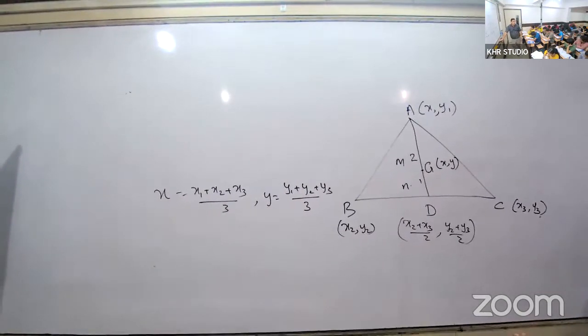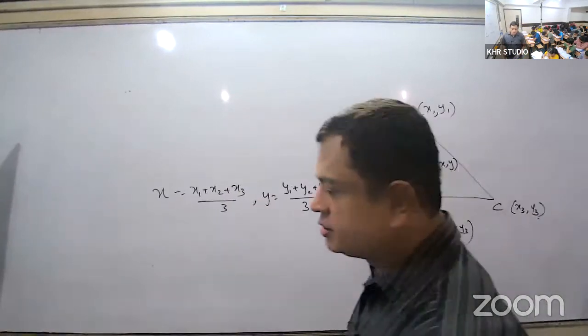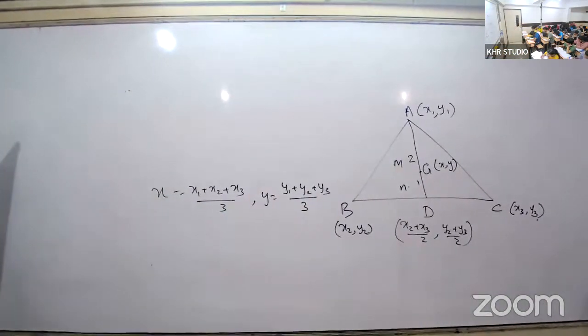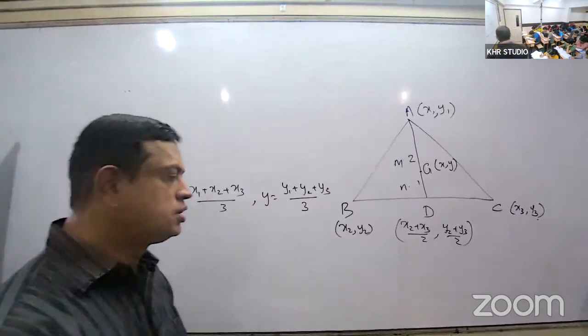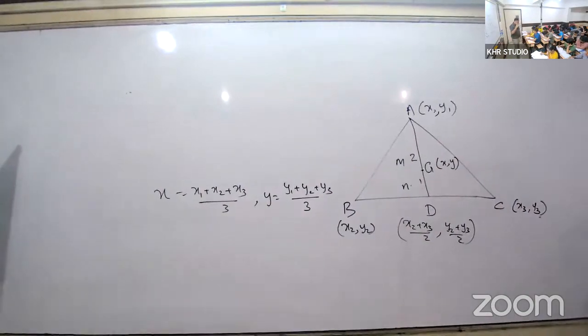Centroid divides the median in the ratio 2:1. Written?